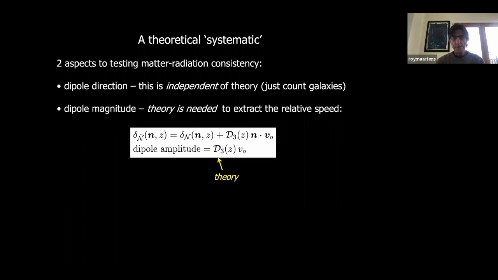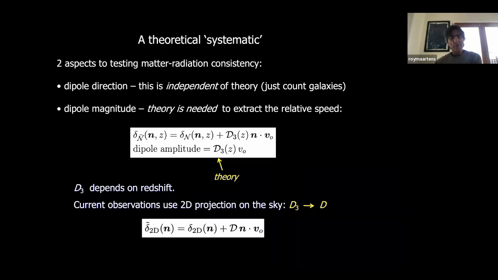And the amplitude of this dipole correction is D3 times V naught. So we need the theory to tell us what D3 is, and then the measurement tells us D3 times V naught, so we can extract the relative velocity V naught. This is a simple but critical point to make.